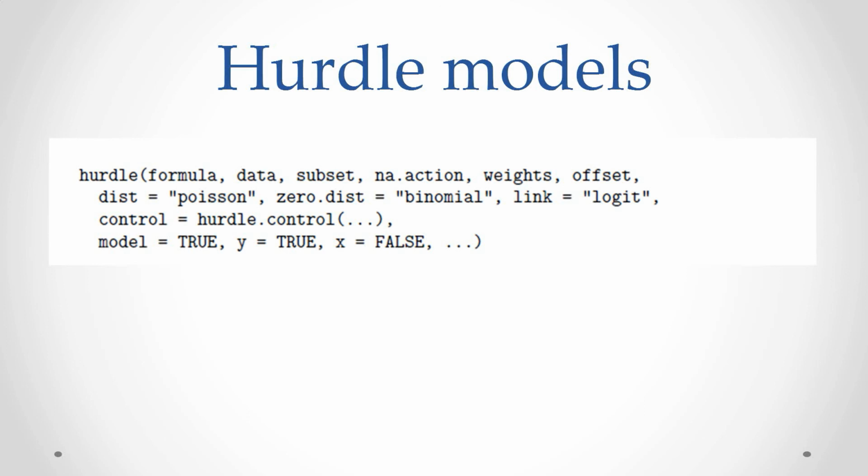The syntax of the hurdle function is as given on this slide, and you can see that it is virtually identical to the zeroinfl function. For more details about the hurdle model and to get a good overview of alternative regression models for count data, I refer you to the paper on regression models for count data in R by Zeileis et al.